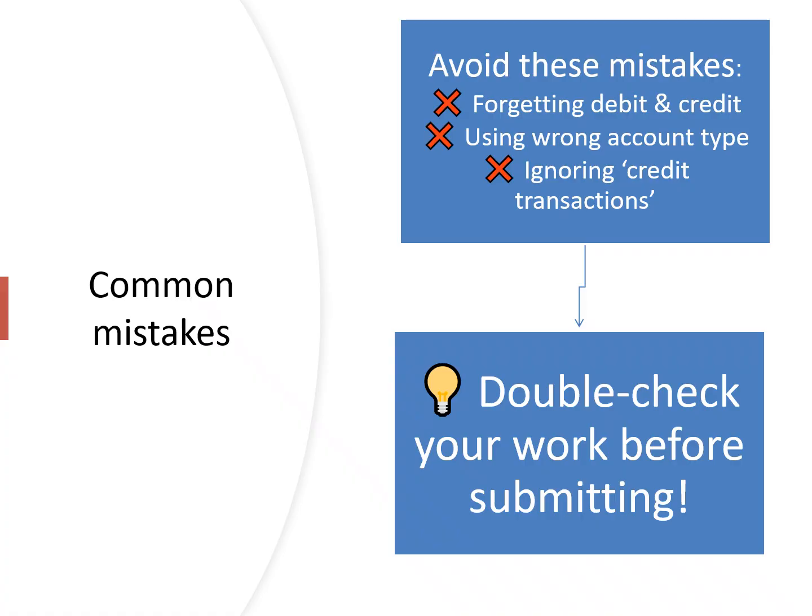Another mistake is ignoring the credit transactions, recognizing only the debit and not recording the credit side. You get it wrong. It will not balance. Remember, double entry. You debit and you credit to make it balance. So always double check your work before submitting.